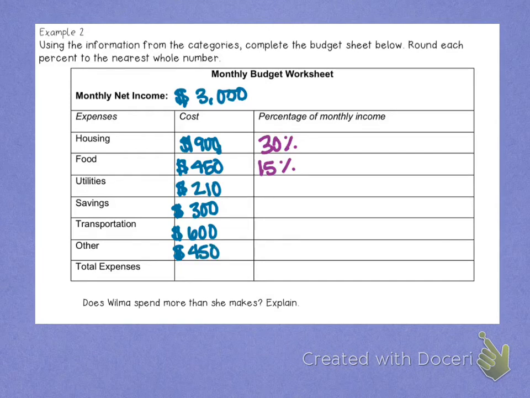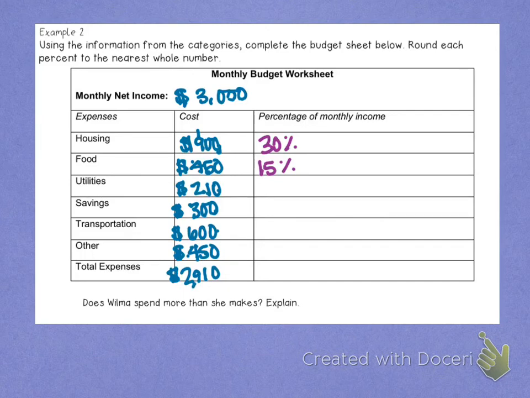So I can go ahead and add: 0 plus 0 plus 0 plus 0 plus 0 plus 0 is 0. 5 plus 1 is 6 plus 0 plus 0 plus another 5 is 11. And that's 2,910.